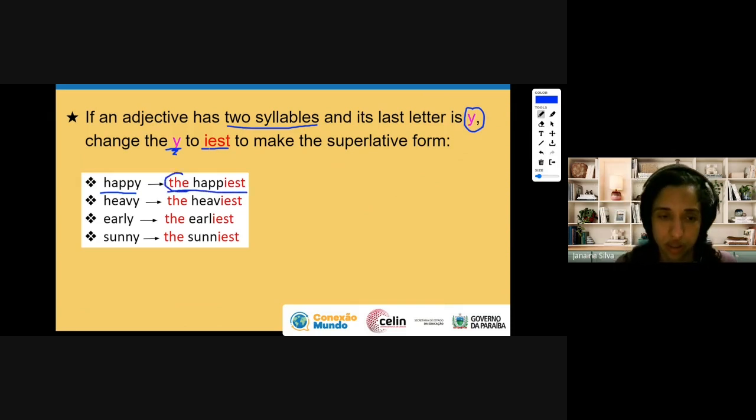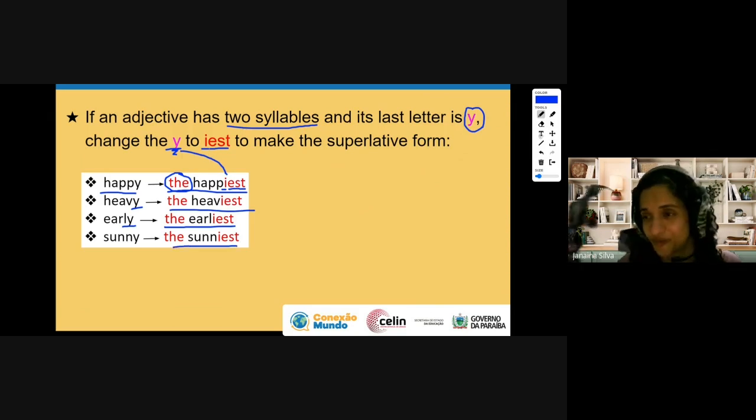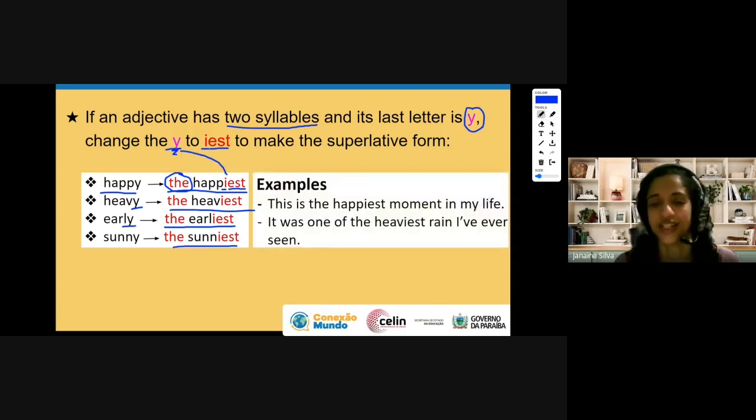I used the article the, changed the letter Y to I, and added est, the happiest. Heavy became the heaviest. Early turned to the earliest. And sunny, the sunniest. So this is the happiest moment in my life. It was one of the heaviest rains I've ever seen.